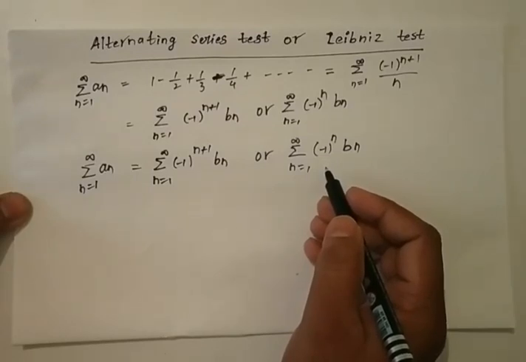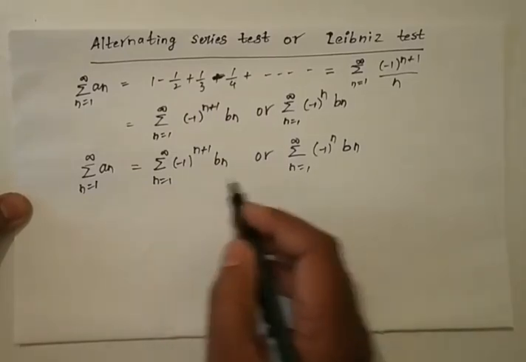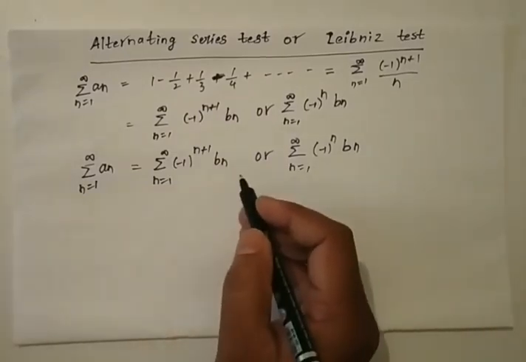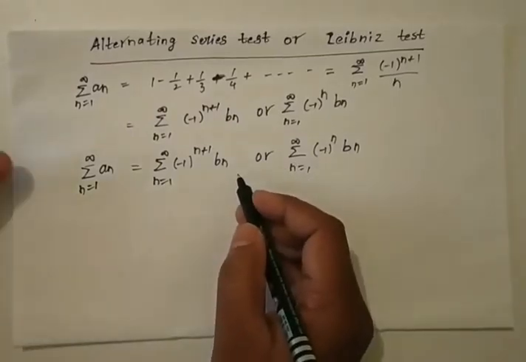That means the given series is an alternating series.